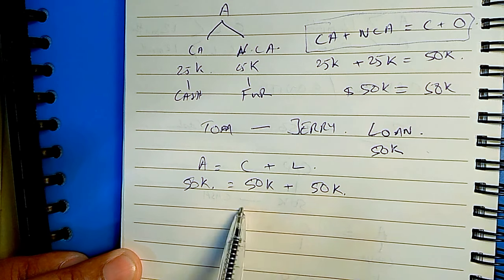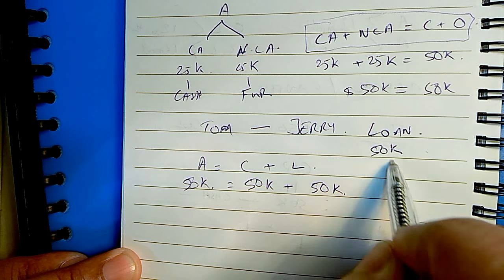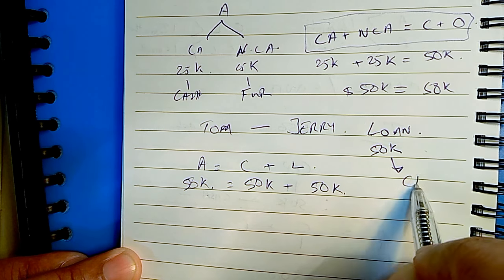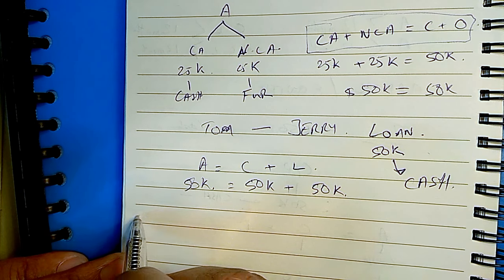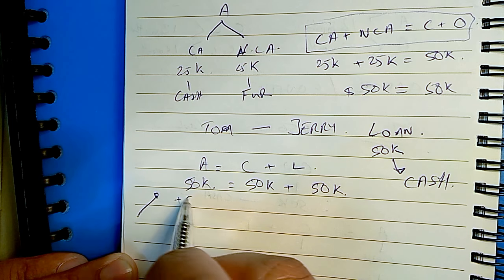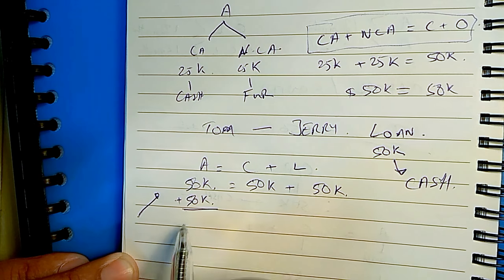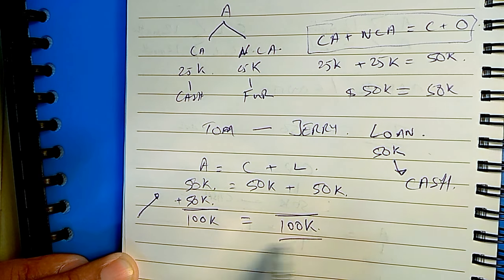The accounting equation should balance, but here we have 100 and here we have 50. This loan is coming in the form of cash. So new cash is being injected on this side. We'll add another 50k, that will make 100k on this side and 100k on the other side.